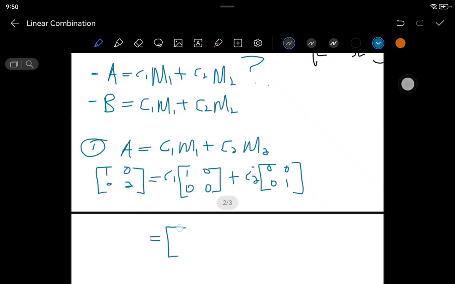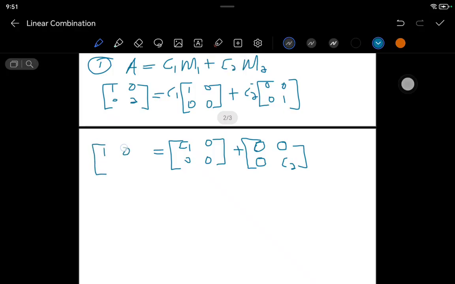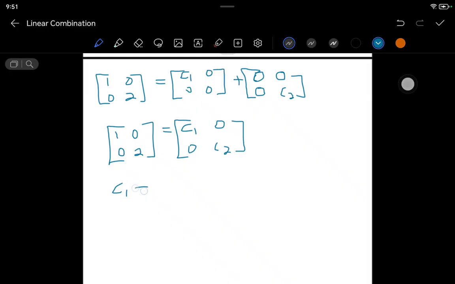This will just be C1, 0, 0, 0 plus 0, 0, 0, C2, so this will be C1, 0, 0, C2. After putting it in that form, we look for the values of the scalars. C1 is going to be 1, and then C2 is going to be 2.